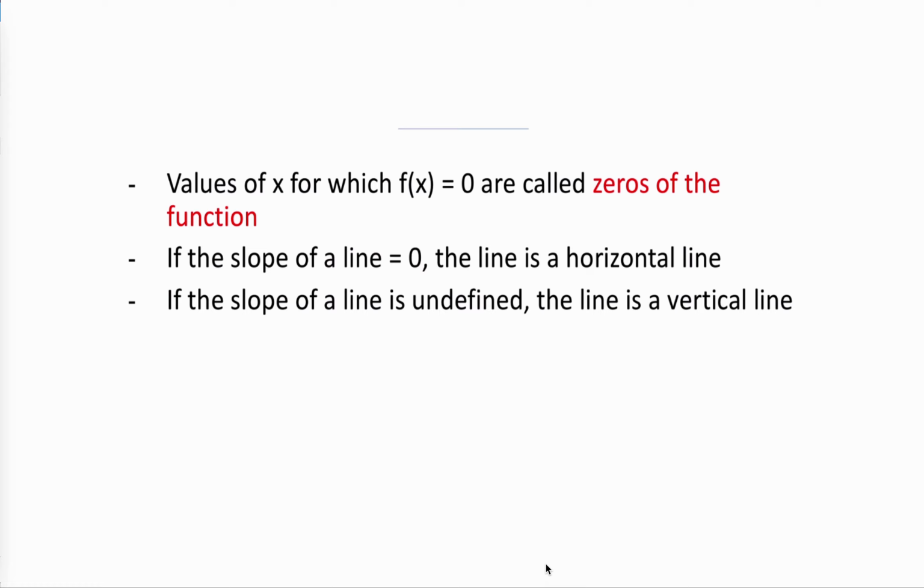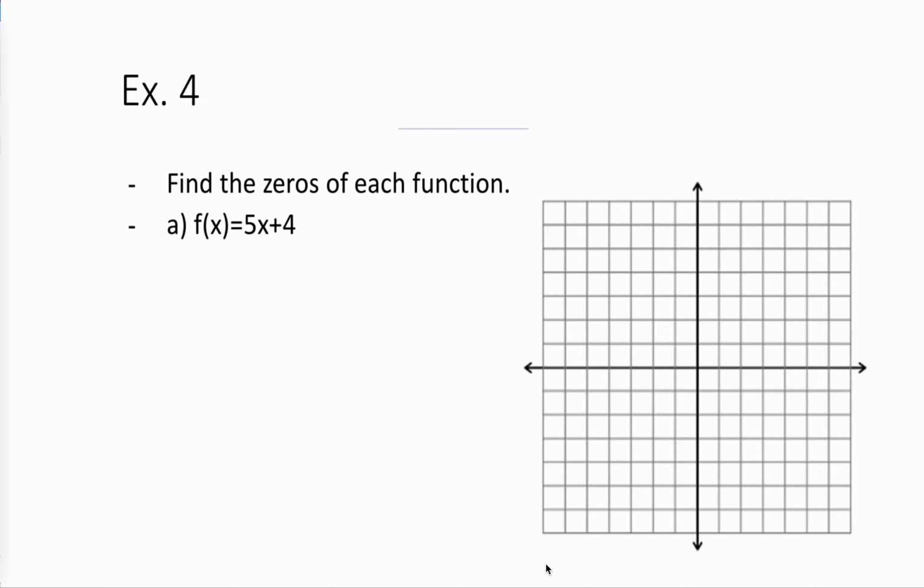Values of x for which the function is equal to 0 are called zeros of the function. If the slope of a line equals 0, the line is a horizontal line. If the slope of a line is undefined, the line is a vertical line. So the zeros of the function f of x equals 5x plus 4.